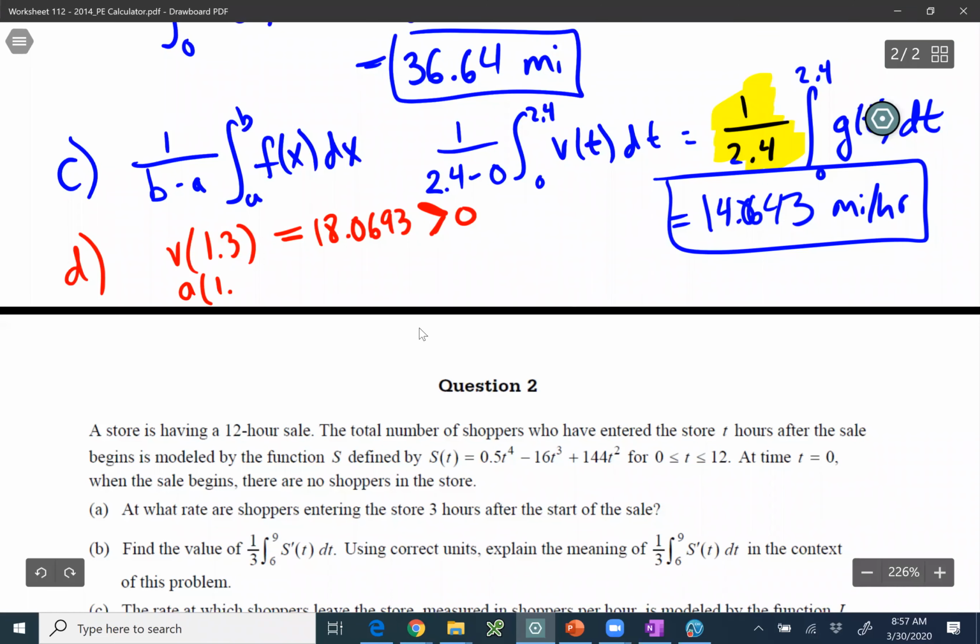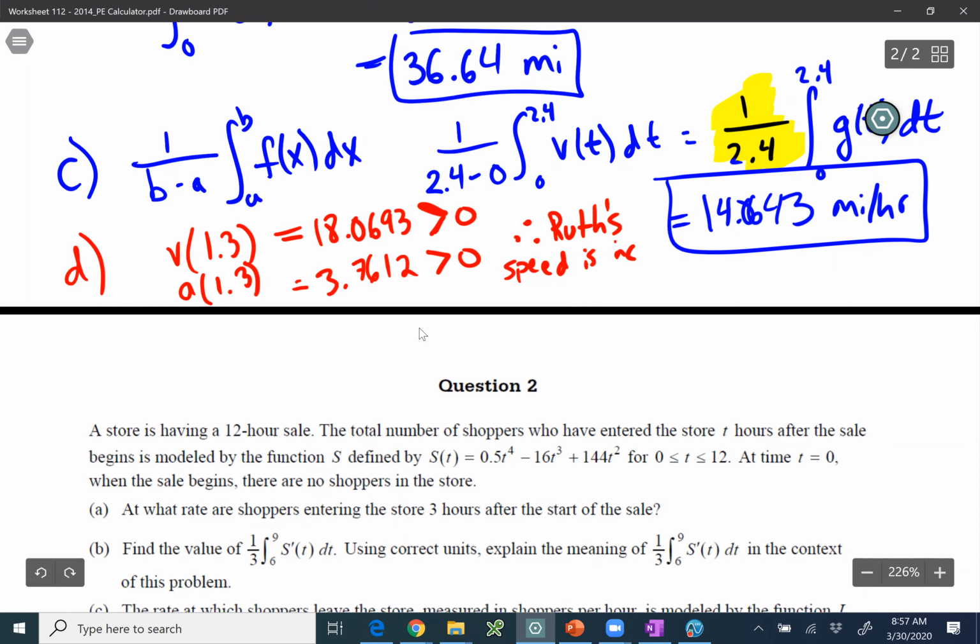So A of 1.3 was 3.7612, which is also greater than 0. It's really important that we show that greater than 0. So now we can say, therefore, Ruth's speed is increasing.